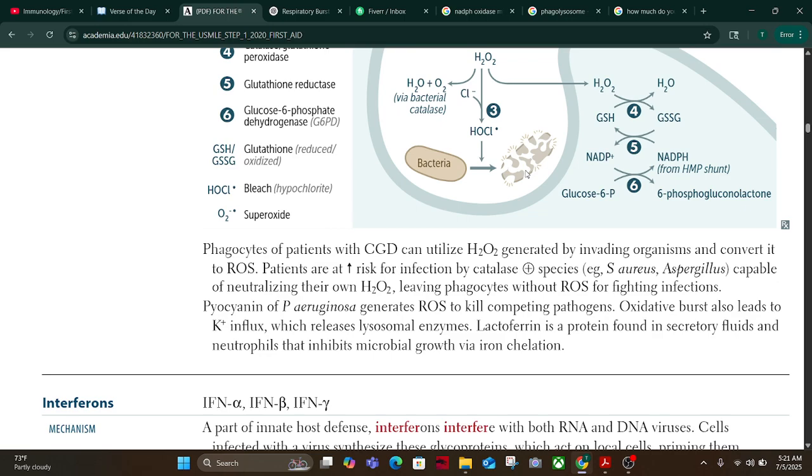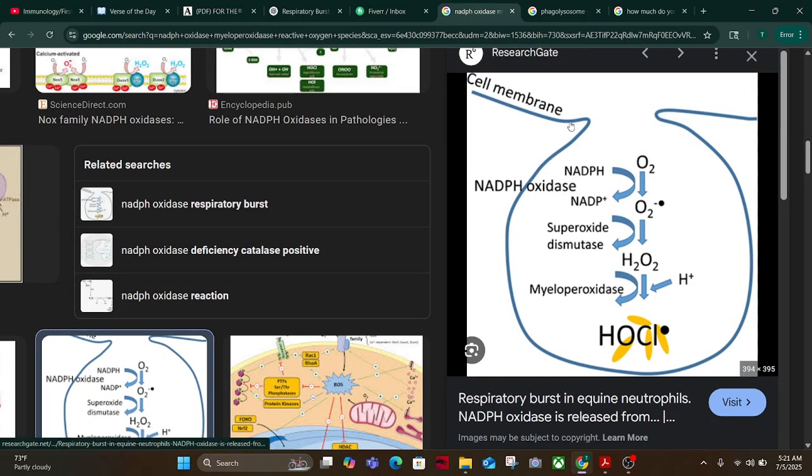So this pathway right here, this is the respiratory burst. This respiratory burst is happening inside of a neutrophil. And inside of the neutrophil, you have a phagolysosome. See this? This bubble right here is a phagolysosome. And inside of that is the respiratory burst.